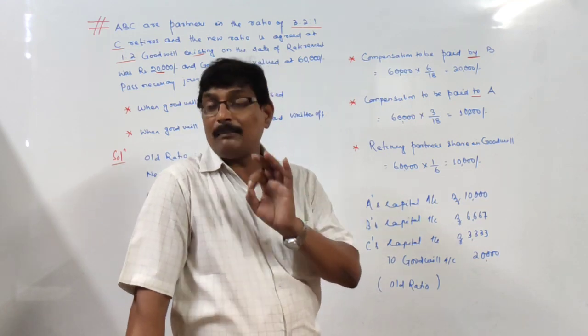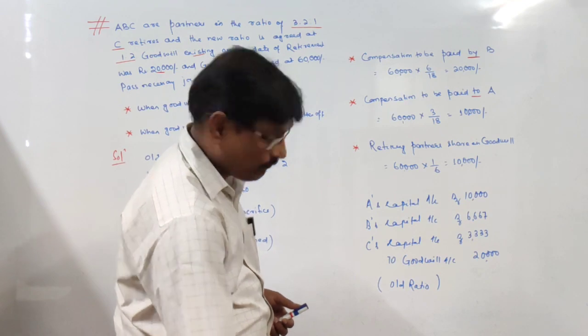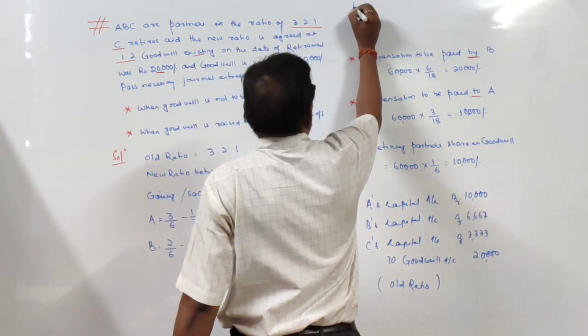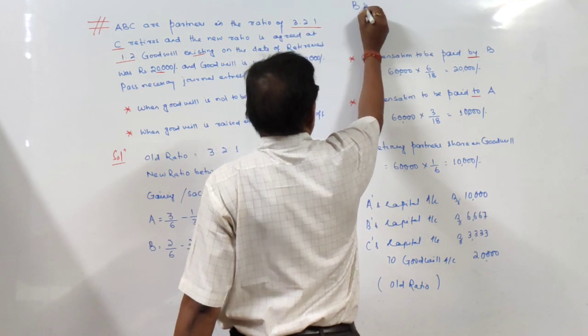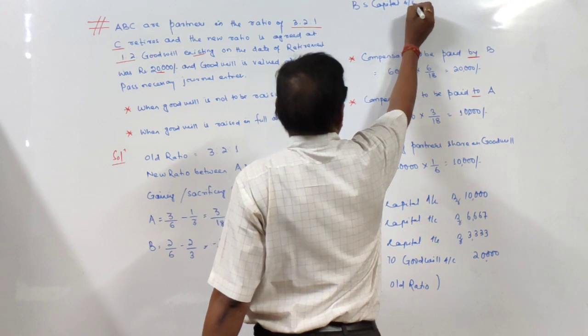So the entry for compensation will be B's capital account debited. How much?